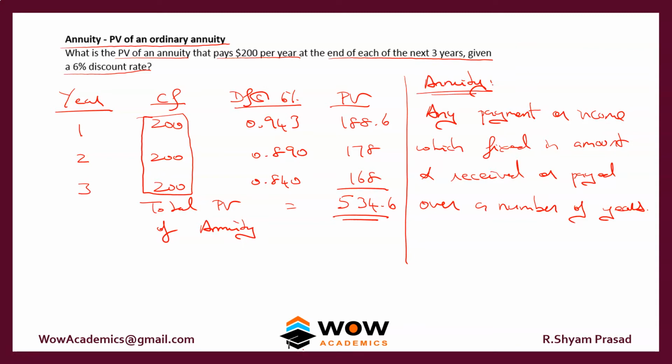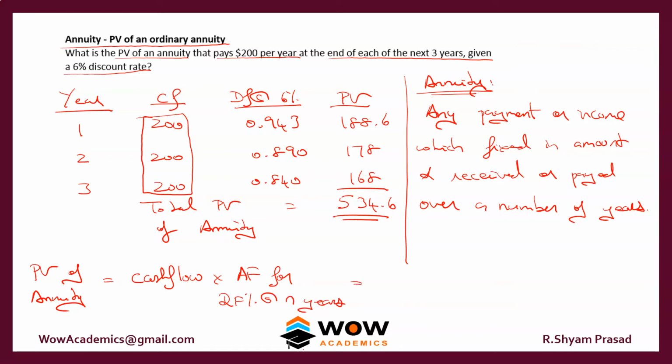Okay, that is annuity. So should you do so many iterations and then get the number? The answer is no. If the amount is going to be constant and it is an annuity, there's a simpler way to get it. Present value of annuity equals the cash flow into the annuity factor for the discount percentage at n years.